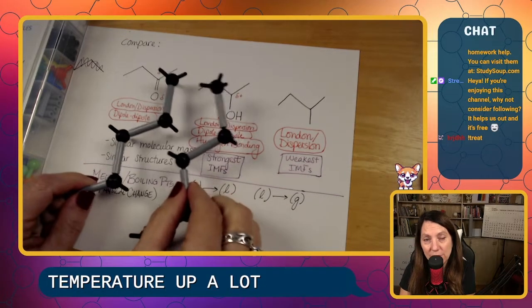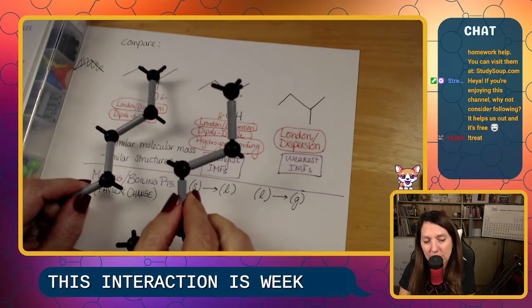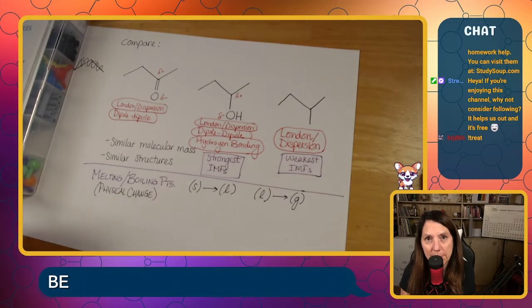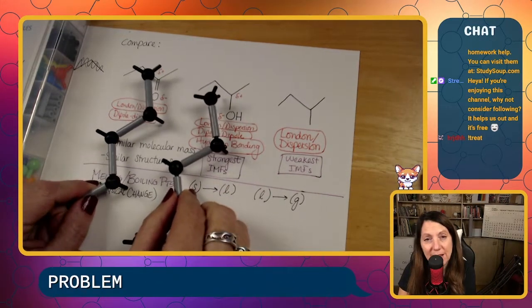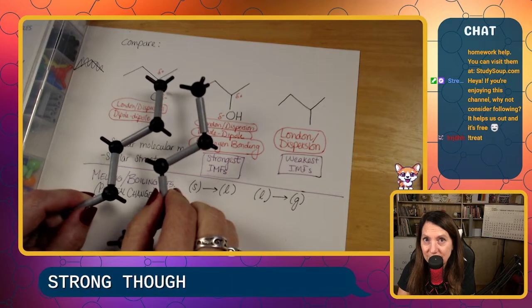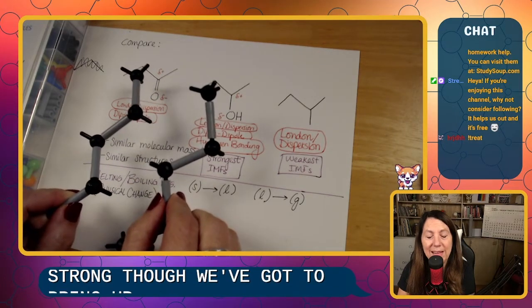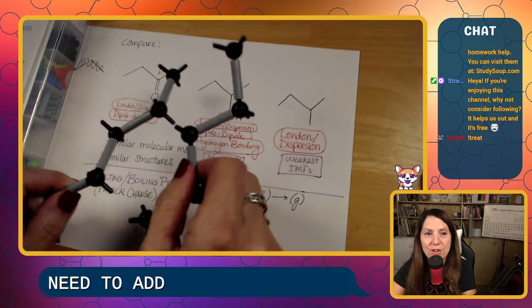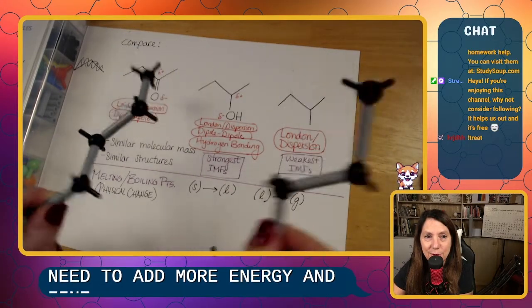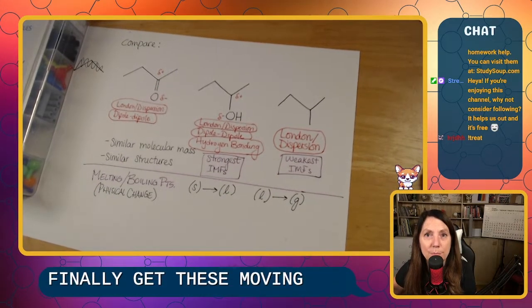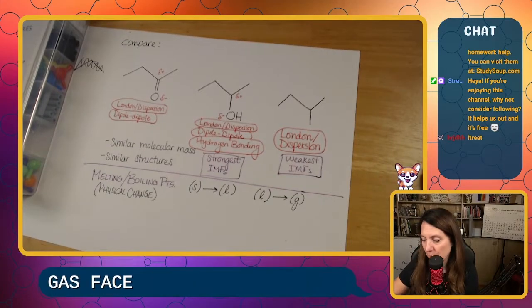If this interaction is weak, no problem. Cold temperature, they'll just pop apart. If they're strong, though, we've got to bring up the temperature. We need to add more heat, more energy, and finally get these moving around and break those bonds and put them into the gas phase. Okay.